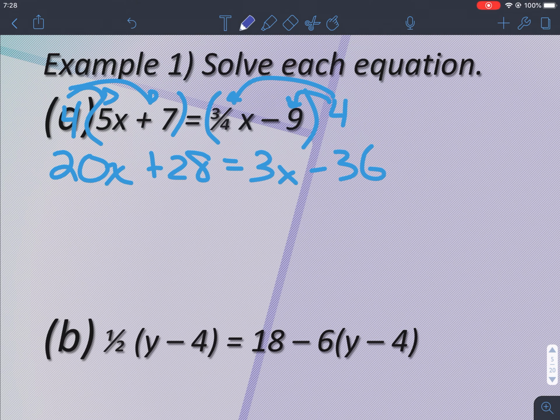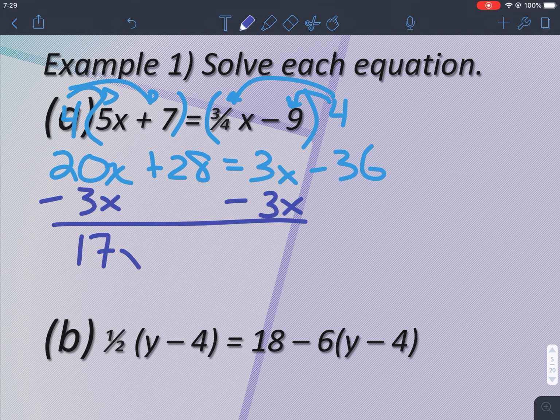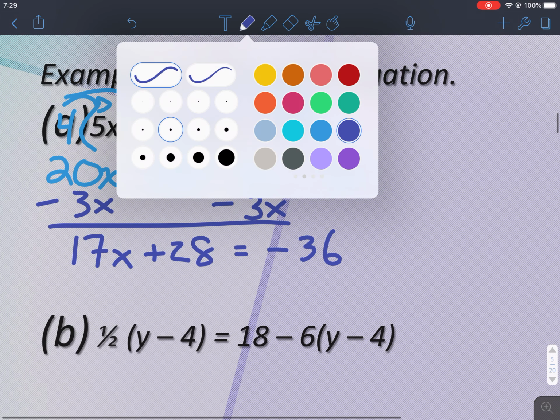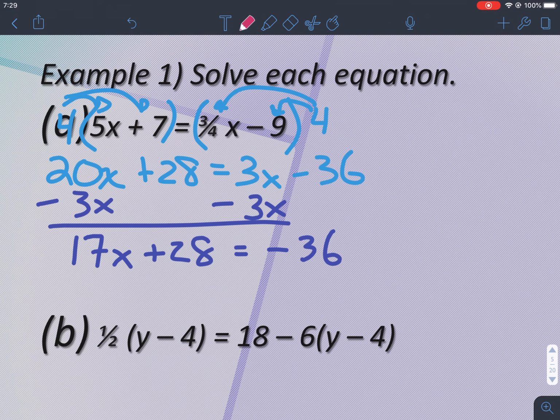Now let's add, subtract, multiply, or divide on both sides. Let's do minus 3x to both sides. Don't forget to bring down the negative. Next step, let's subtract 28.